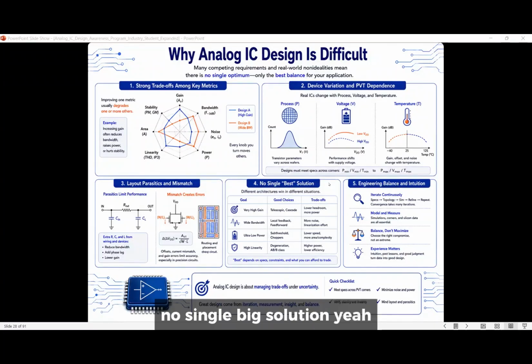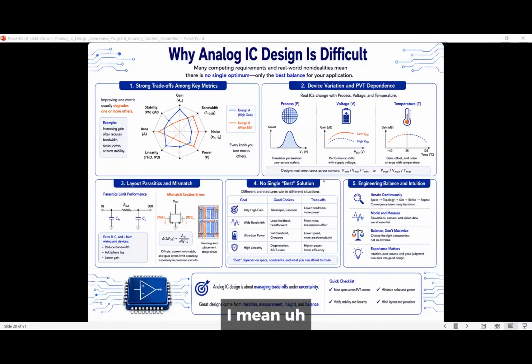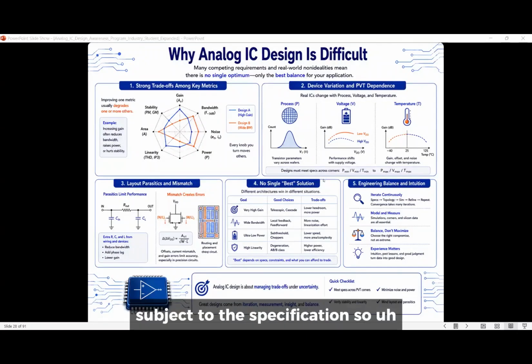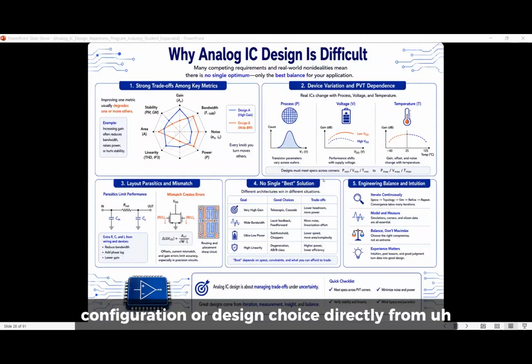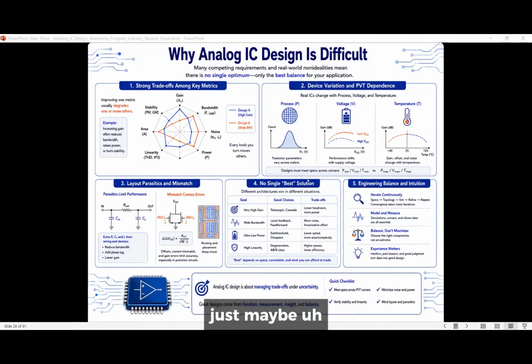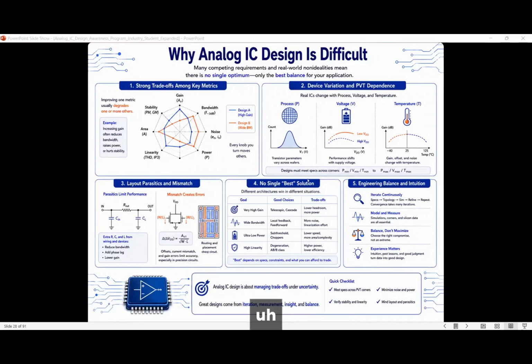Okay, so there is no single best solution, because your design choice is highly subject to the specification. So it's hard to get an optimal configuration or design choice directly from, for example, hand calculation or just simple simulation.